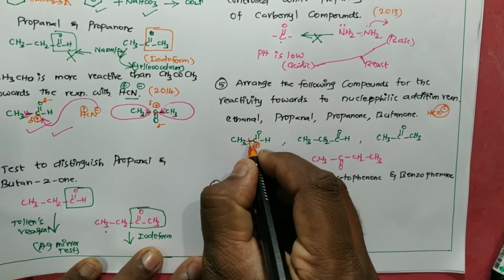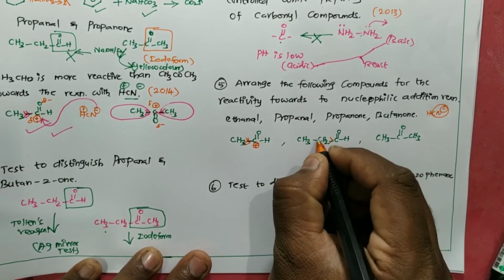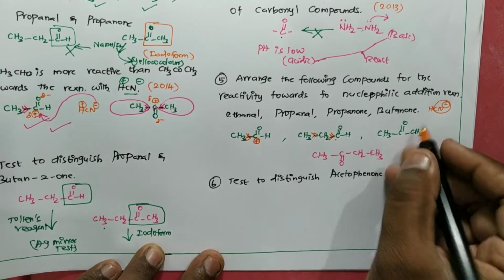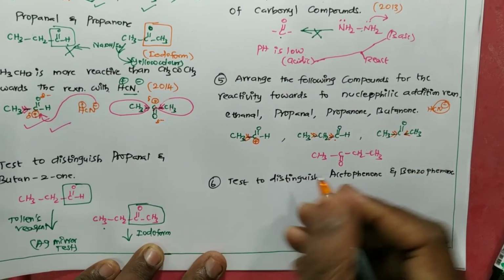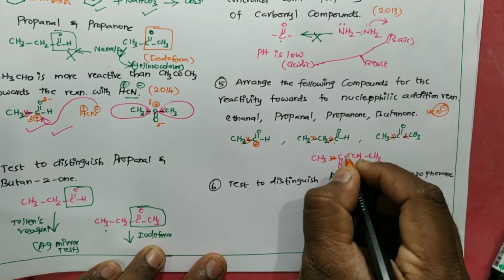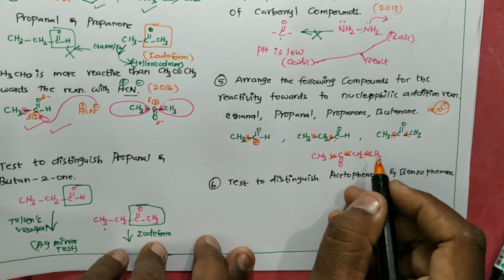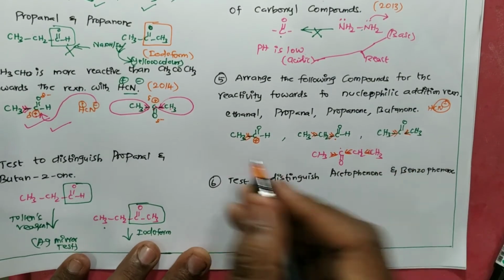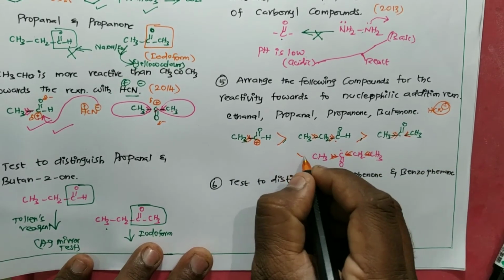Here only one methyl group is there, so it has some positive charge. Here 2 methyl groups are there, so it has less positive charge. And here also 2 alkyl groups are there, so less positive charge. If you compare both sides, the number of electron donating groups creates less positive charge. According to that order, reactivity decreases.